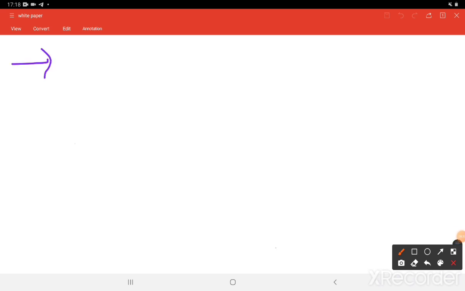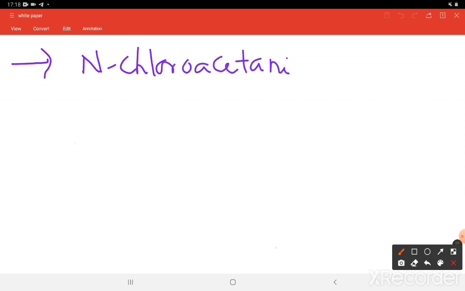And N-chloroacetanilide, its conversion to parachloroacetanilide is a first order reaction.